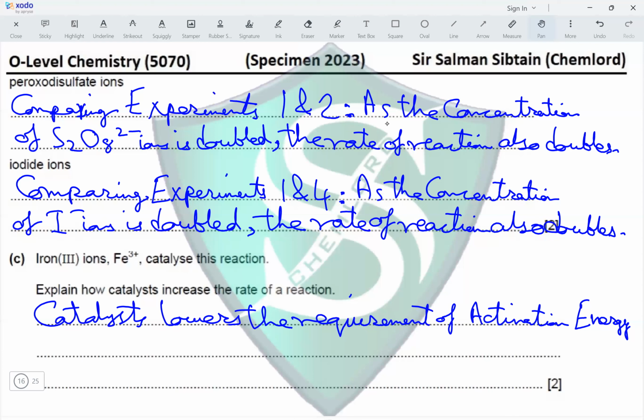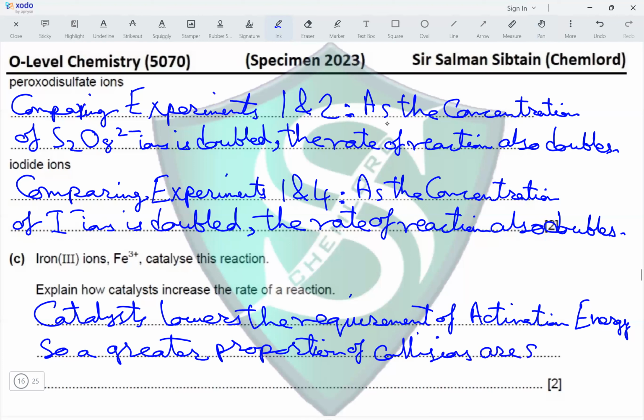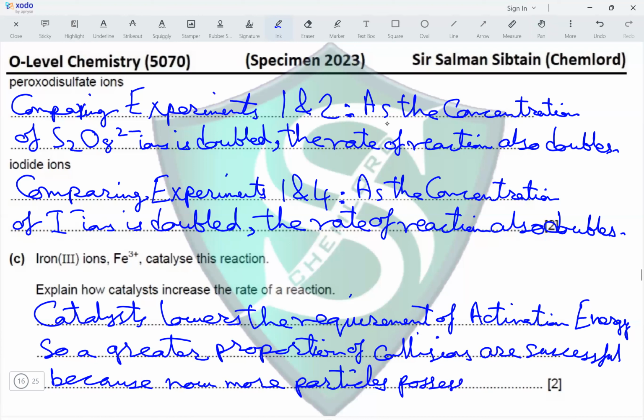We have written catalysts lower the requirement of activation energy. So a greater proportion of collisions are successful because now more particles possess energy above the activation energy.